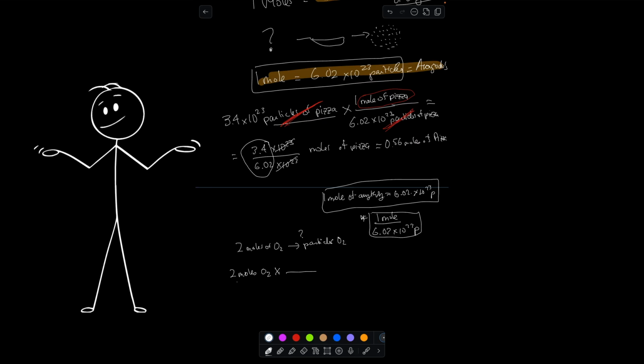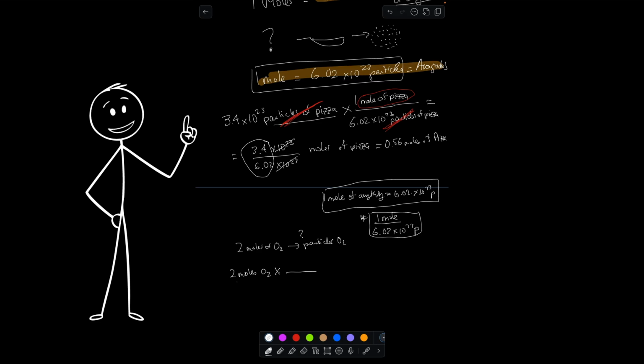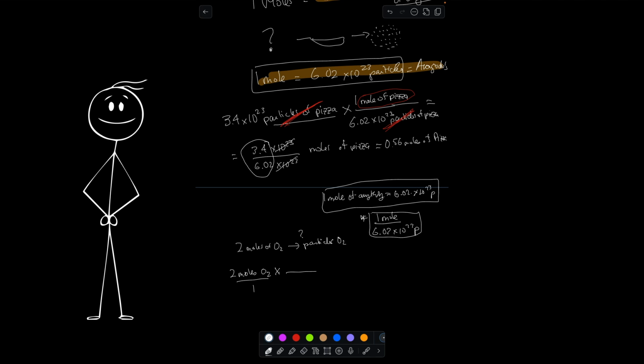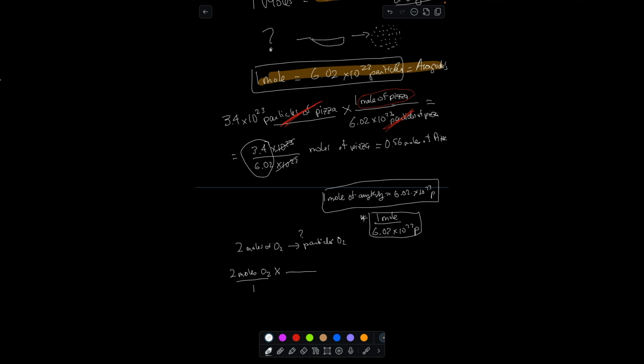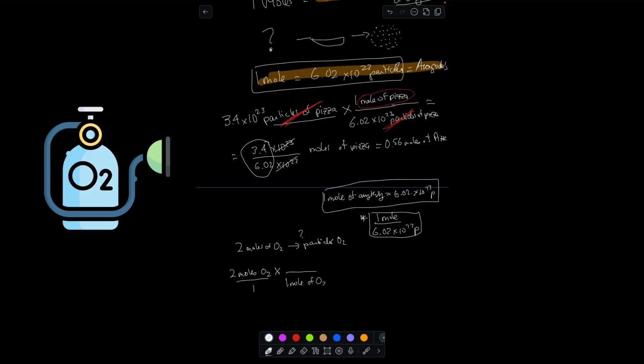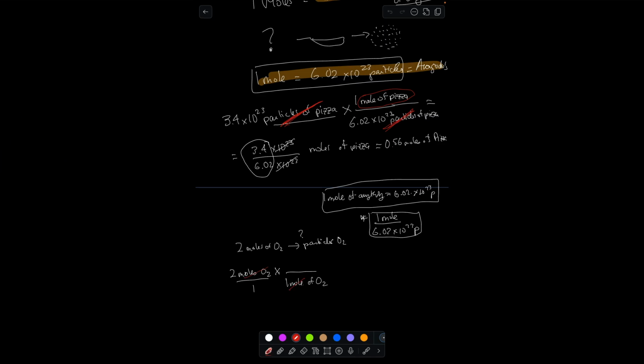All right, so now we have 2 moles of oxygen. Remember, this is the same thing as over 1, right? So we're going to put our conversion, a calculator. Should the moles be on the top or the bottom this time? Think of what we're trying to get to. You are correct. This time we're going to put 1 mole of oxygen on the bottom because we want these 2, remember, to cancel off, right?